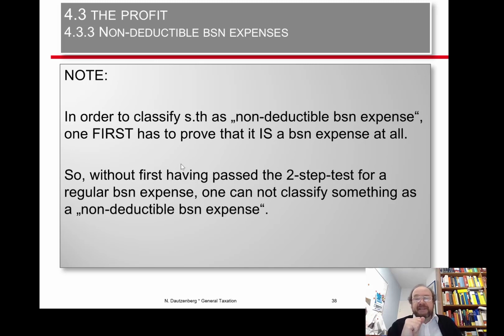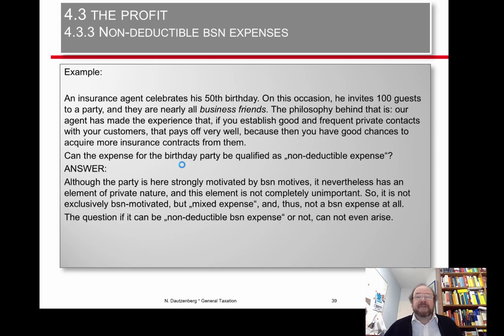But you must see one important thing. You can only classify something as a non-deductible business expense if first you can successfully classify it as a business expense. Because a private expense can never be a non-deductible business expense. It is not a business expense. So first you have to pass the two-step test for business expenses, and then you can read the list of the non-deductible things.